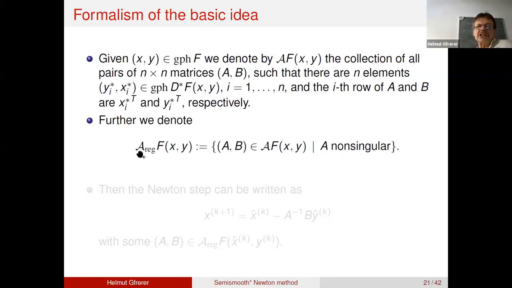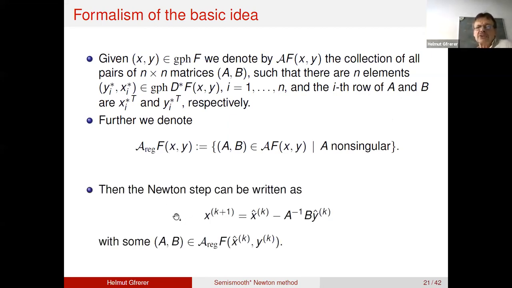This yields the definition of the set A_reg F at the point (x, y). Then the Newton step can be written in the following form: xk plus 1 is x hat k minus A inverse B y hat k.